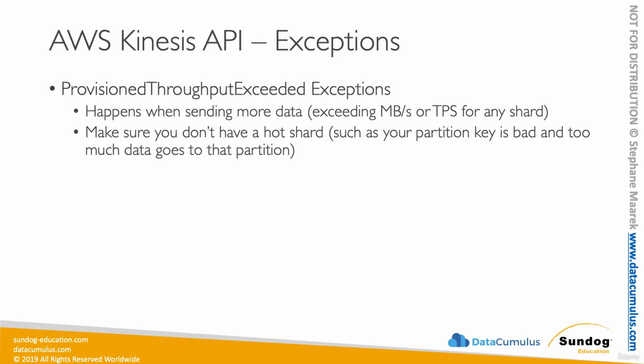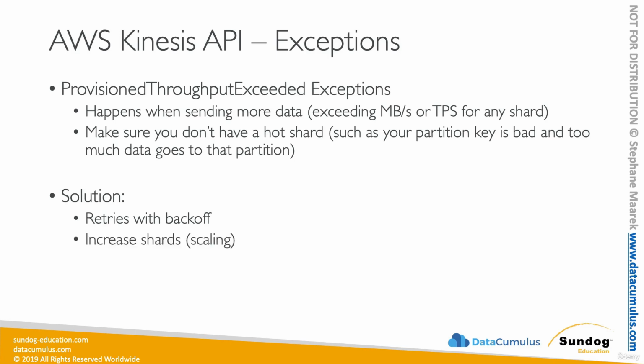So make sure you distribute the key that you choose as much as possible in order not to get a hot partition. The solution is, if you get a ProvisionedThroughputExceeded exception, try to do retries with backoff. That means you will retry after maybe 2 seconds, and if it doesn't work, you will try after 4 seconds, and then after 8 seconds. They're just arbitrary numbers.